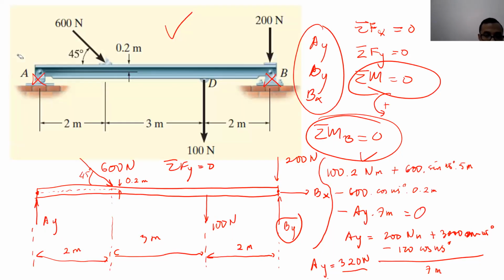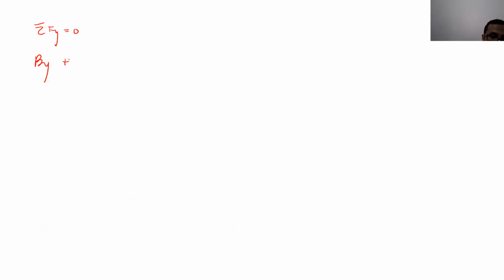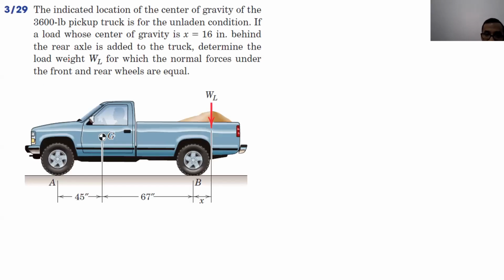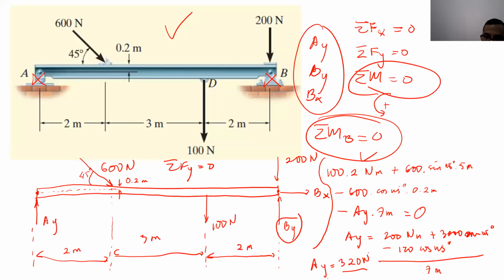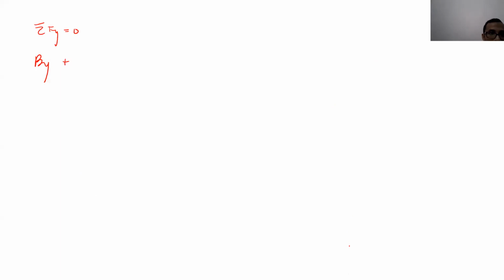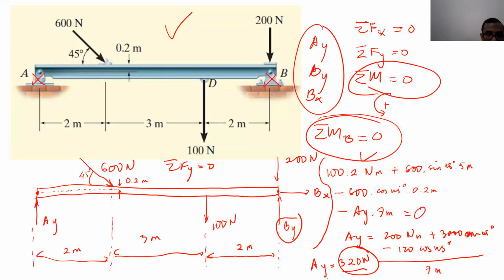Then plus Ay. But Ay we have already known the value, right? So we can replace the Ay with its value, 220 Newton. Then we have 600 Newton sin 45.